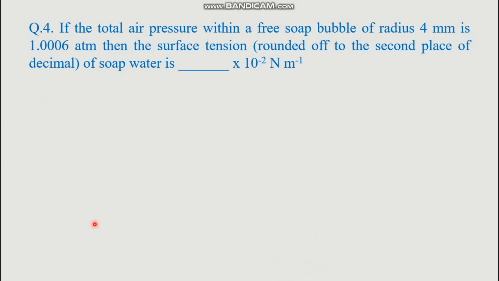To calculate the surface tension, you have to round it to the second place after the decimal, and after that you can also multiply by 10 to the power minus 2. That means the answer should be in Newton per meter, in the form 0.2 decimals into 10 to the power minus 2. Okay, so let's calculate.